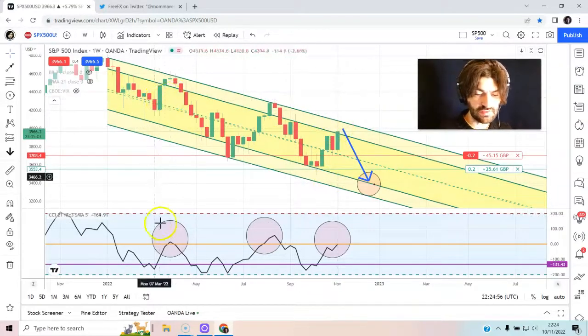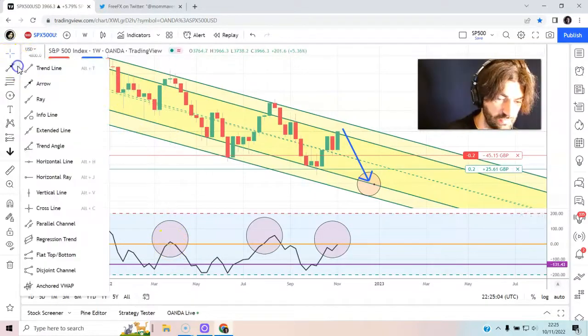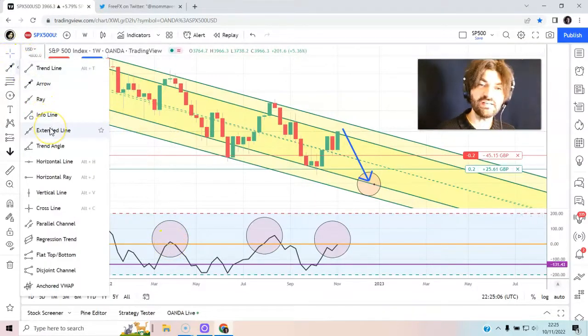So this one takes us right up to this level, and the CCI is basically saying that, hey, we're going to go up. Now the CCI, like all indicators, is a lagging indicator, but it calculates on previous price. It uses the moving average, and it calculates mean deviation as well.